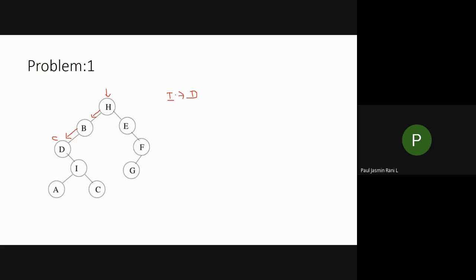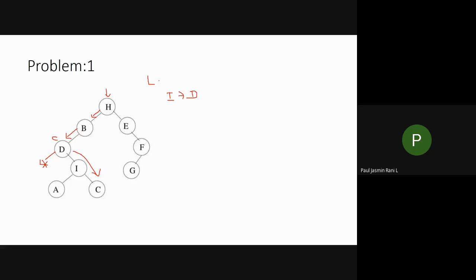Check your answer. You will not get A, because when you travel like this, after this you don't have a left child. If you don't have a left child, then you have to print your root node, isn't it? Only then you move to your right subtree. What is the procedure of in-order traversal?